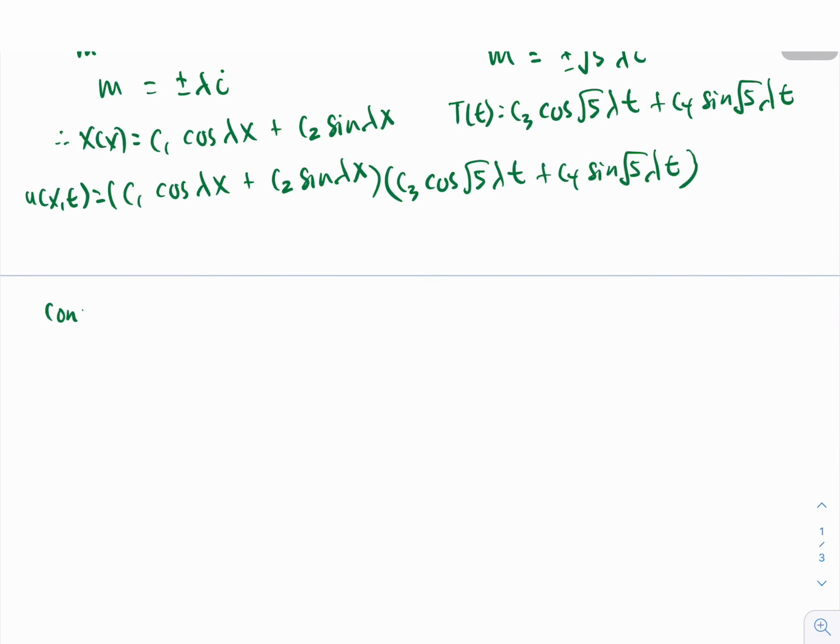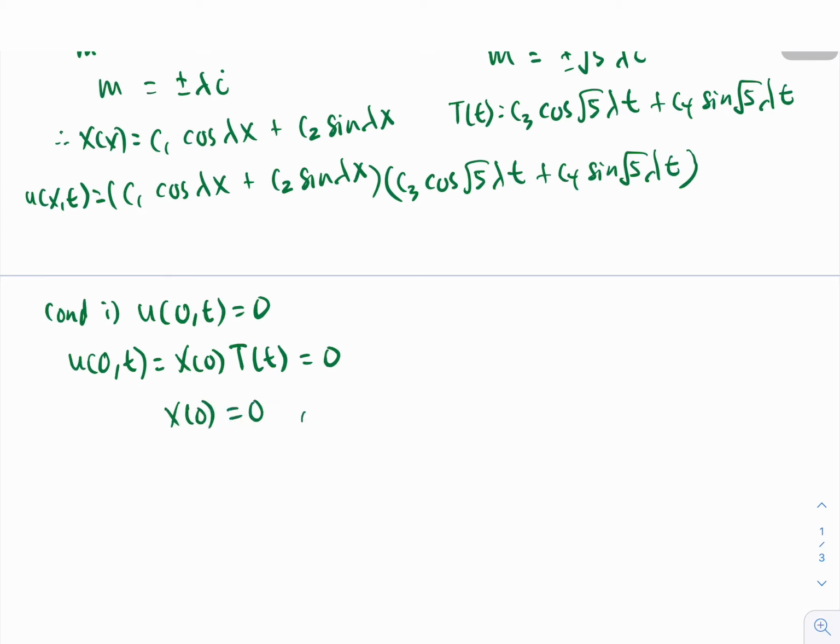Condition number 1, u(0,t) equals 0. This is for the displacement. So when x equals 0, we have X(0) multiplied by T(t) equals 0. From here we know that X(0) equals 0, whereas T(t) cannot be 0, otherwise we'll have a trivial solution.